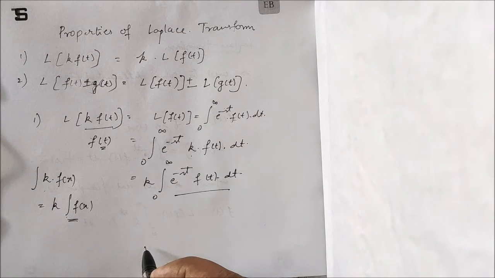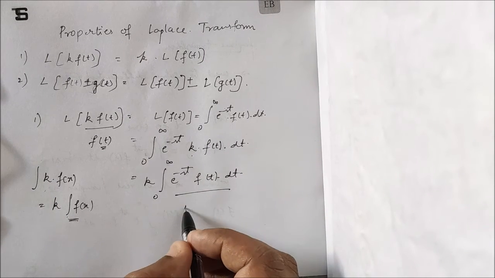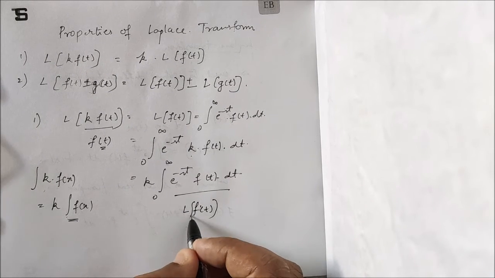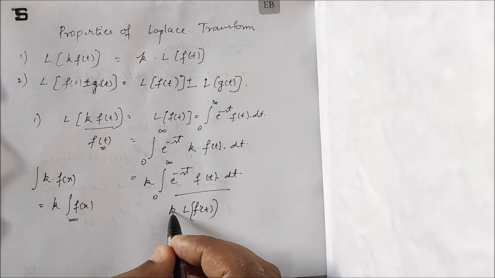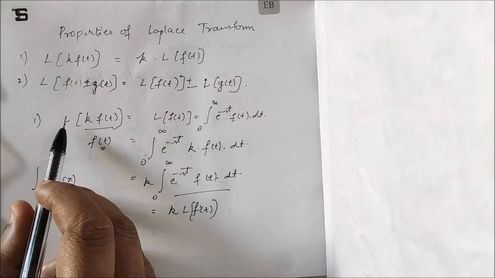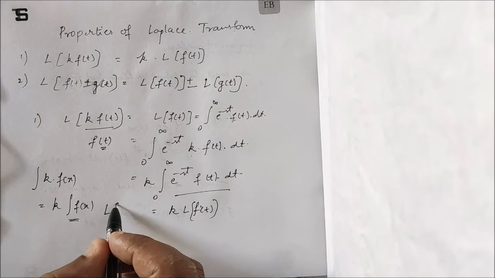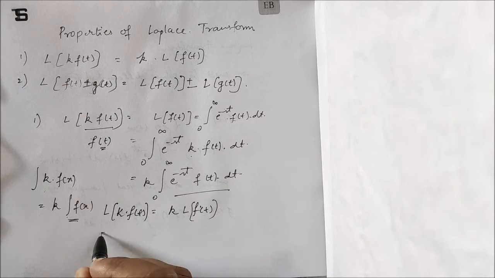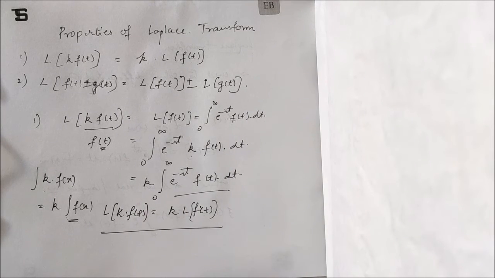This is the definition of Laplace. We can replace this by L of f of t, k remains here, so L of k into f of t is this. Hence this property is proved.